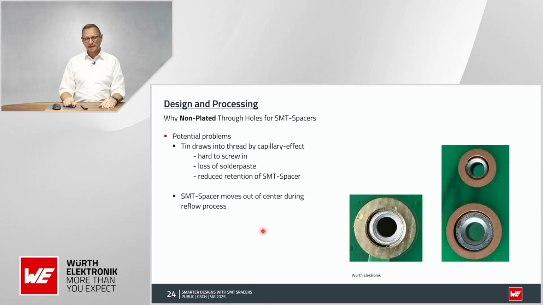And what could happen, depending on the solder type and so on, is that when it goes to the reflow oven in the SMT process, the tin gets liquid on one side of the borehole earlier than on the other side.